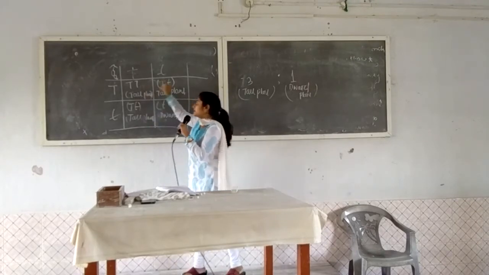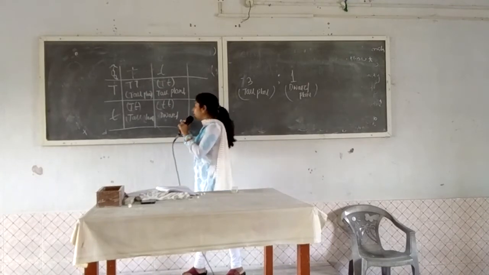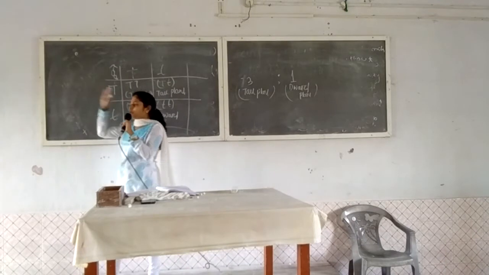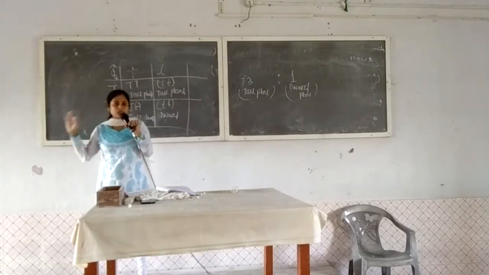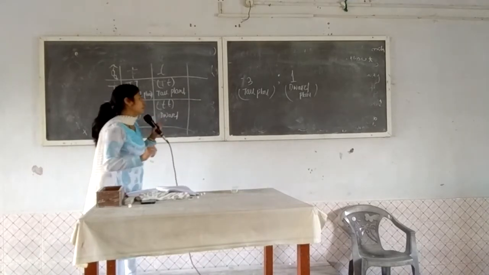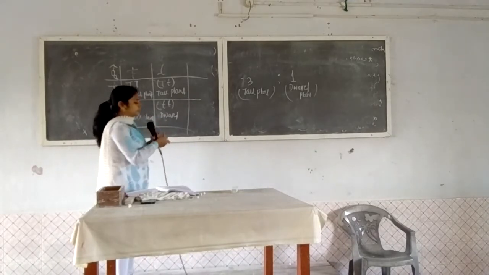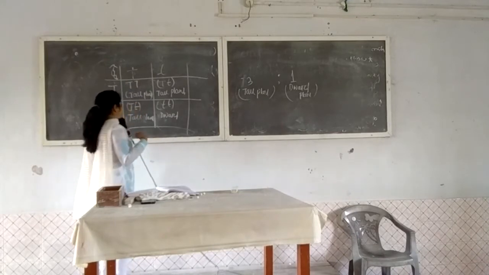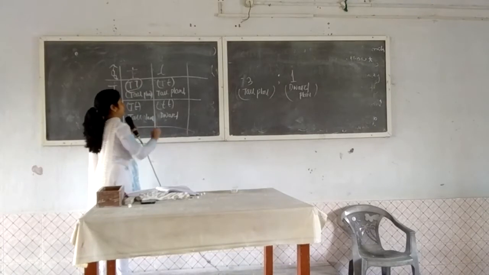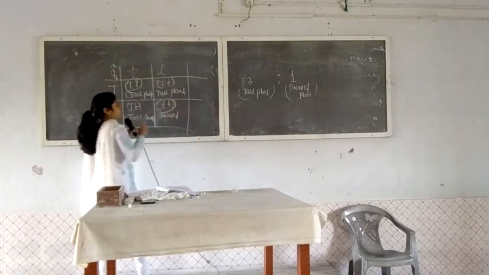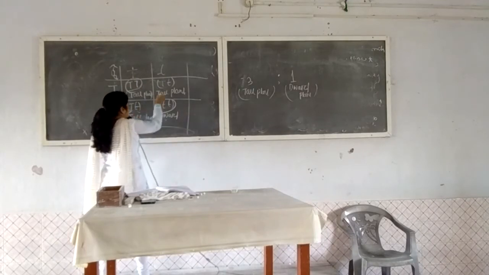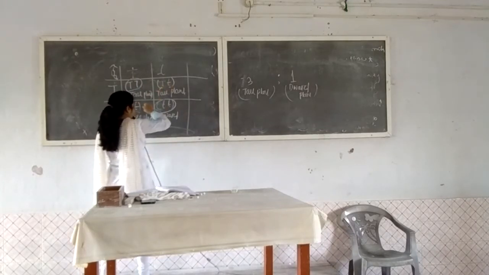Phenotypically, 3 plants are tall and 1 plant is dwarf. It means 3 plants look tall and 1 is dwarf. But if we study it genetically, here both T are present, here both small t are present, but here one capital T small t is present, and here capital T small t is present.